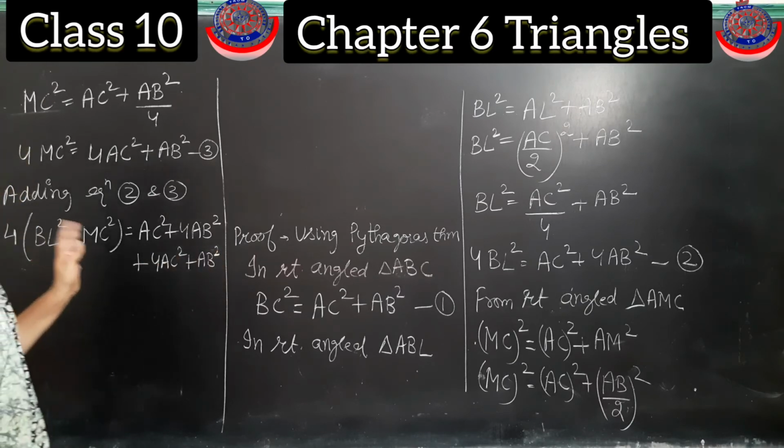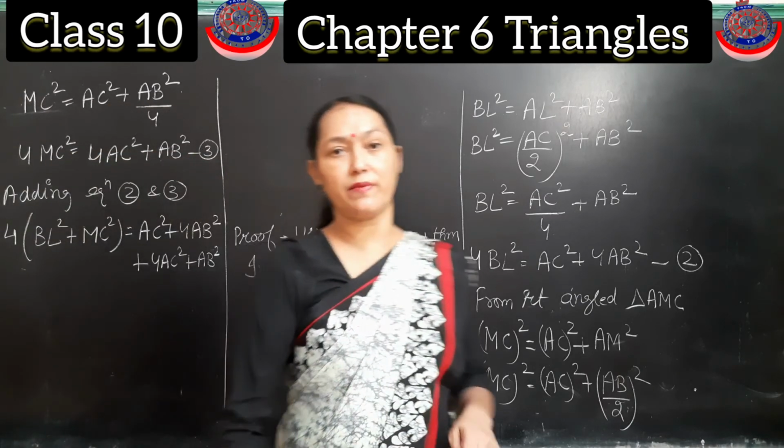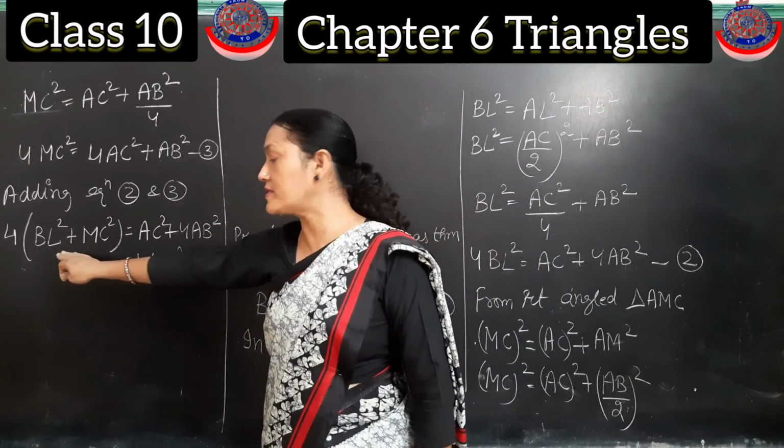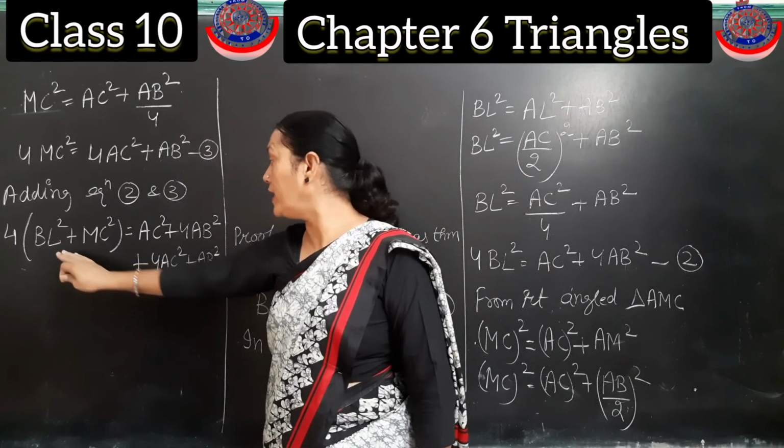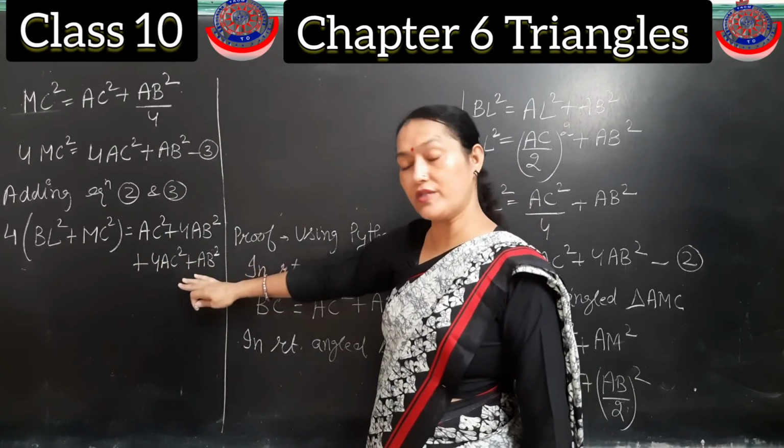We have added equation number 2 and 3, so left sides are being added. We have got 4 times BL square and MC square, and on the right side we got this.